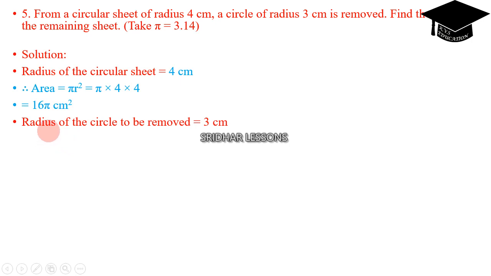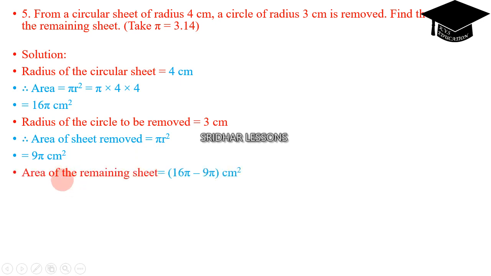Okay, and also given the radius of the circle to be removed is equal to 3 centimeters. That means the area of the sheet removed is pi r square, that is 9 pi centimeter square.